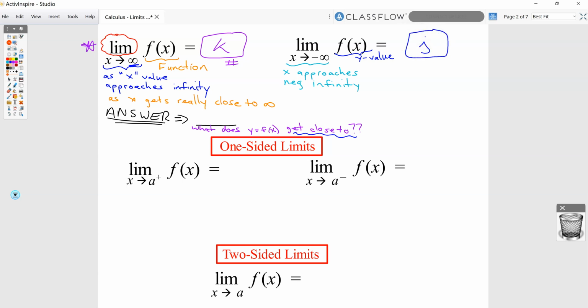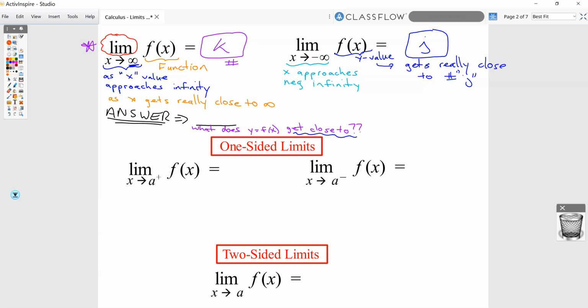And again, the big idea, the y value gets really, really close to the number, in this case, j, right? So j would be some negative number, -5, -10, whatever that number happens to be.